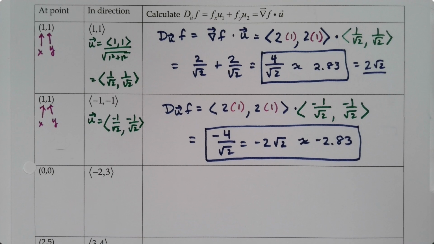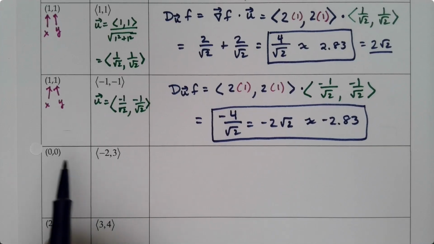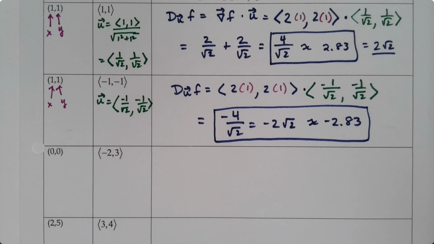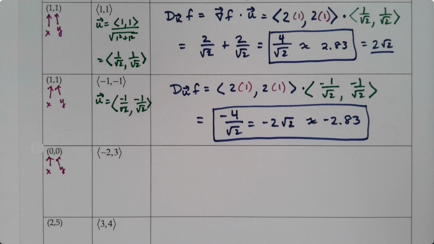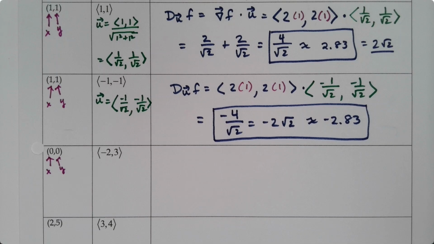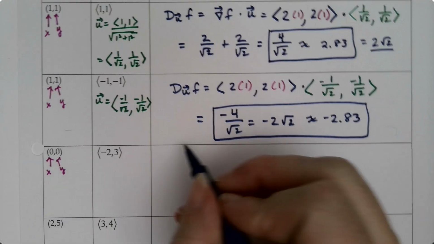All right, now what about if we start at the origin and we head in the (negative 2, 3) direction? So here's our x, here's our y, and we want to make that a unit vector. But let's just think about this for a second. We don't need to bother making a unit vector out of this because think about what's going to happen to our gradient here.